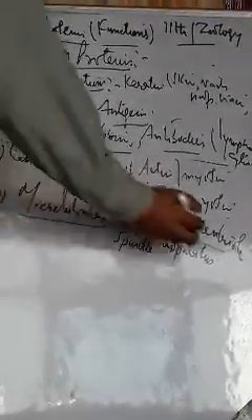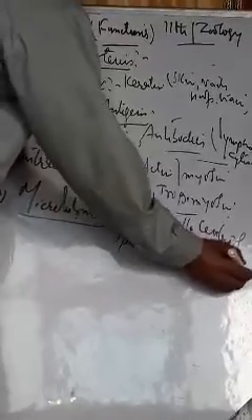Basal body as well. The basal body is present at the base of the cilia and the flagella, and cilia and flagella arise from the basal body. All these structures, cilia, flagella, centrioles, spindle apparatus and basal body, are made up of microtubules.